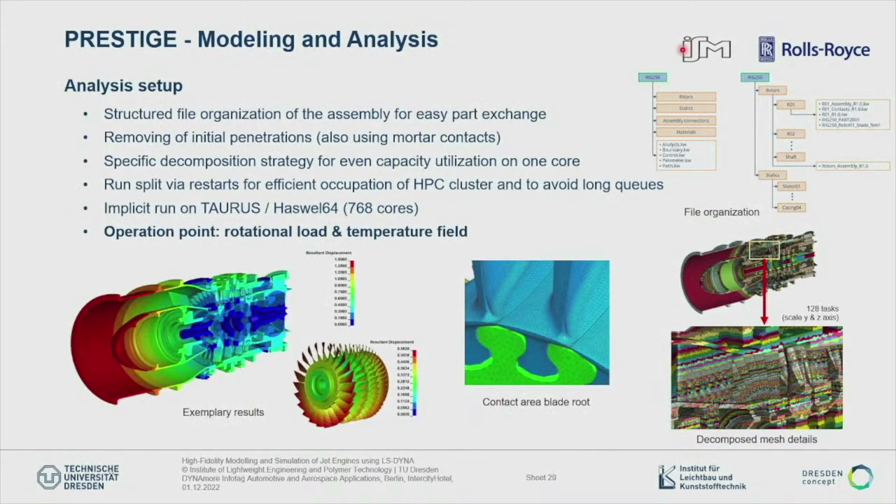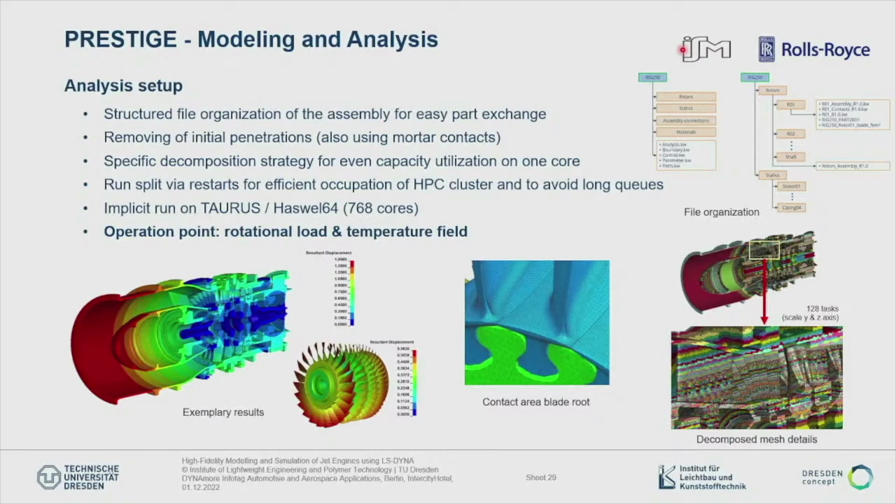We run implicit calculations to get the conditions at the working point in terms of temperature and in terms of rotative loads within these structures. I have to say we paid some Lehrgeld. But we managed to do it, and in the end it worked fine.